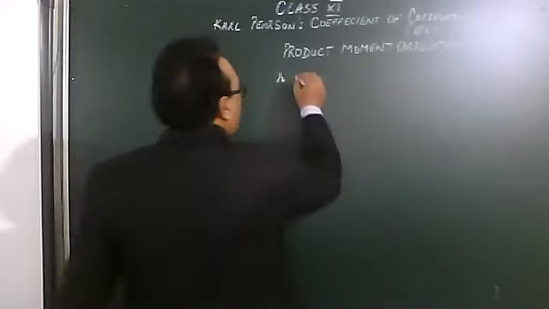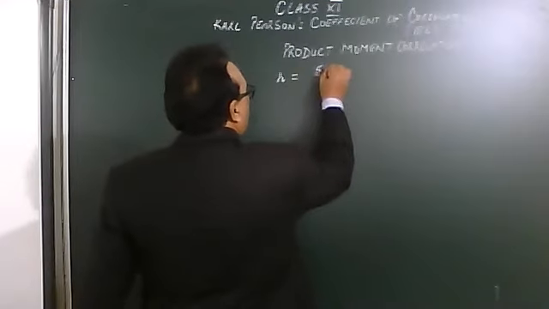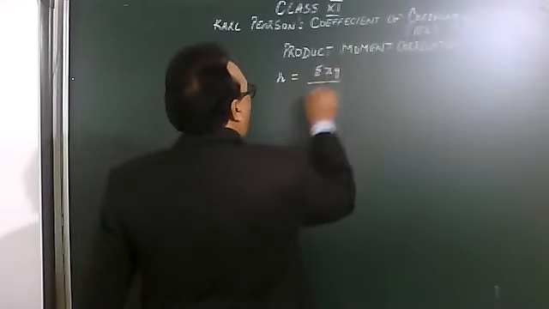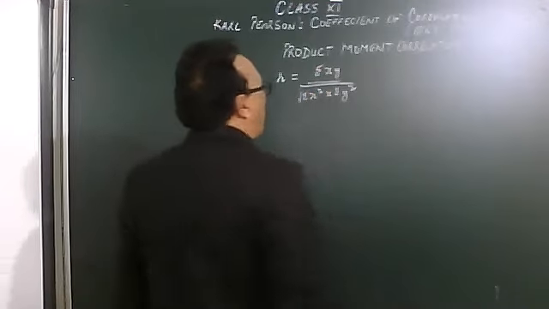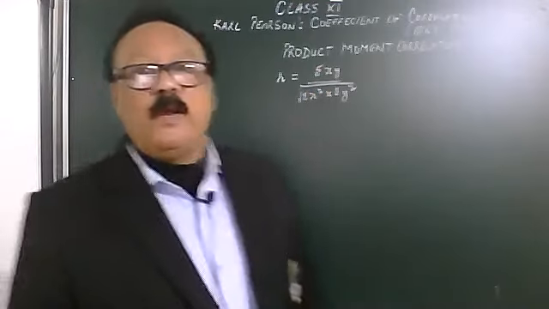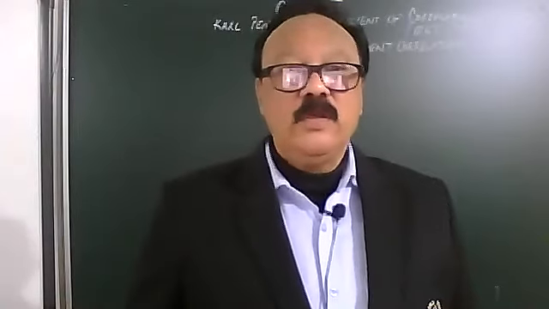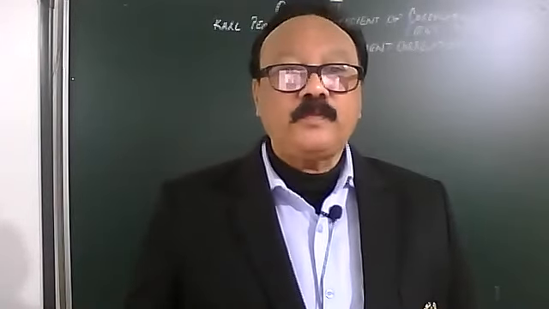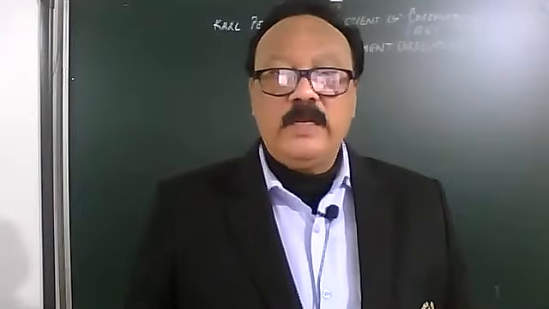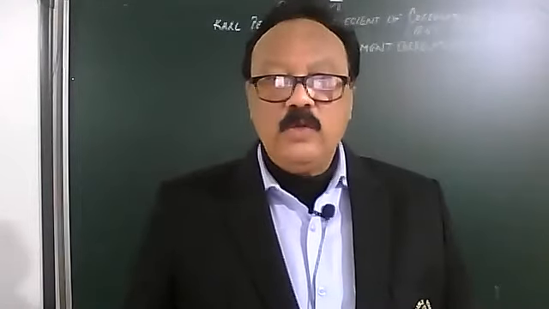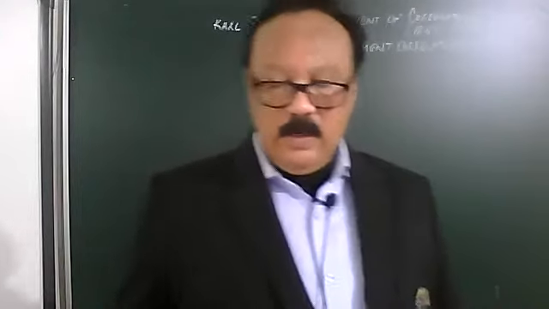So r is equal to sigma xy upon under root sigma x squared multiplied by sigma y squared. This is the formula Karl Pearson uses for calculating the coefficient of correlation. So let us straight away go and do a numerical based on this.